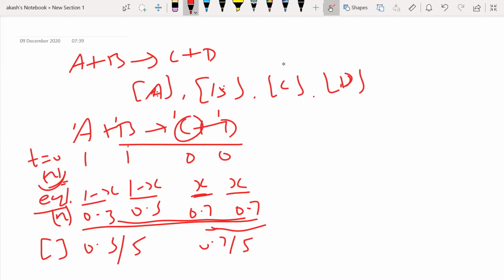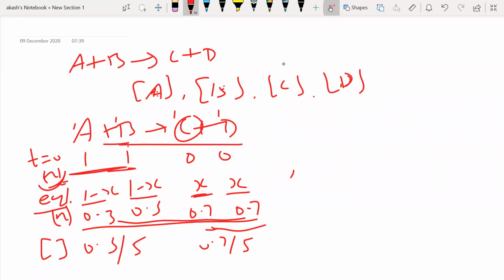Sorry, but could you just repeat how we got the denominator? Sure, I'll tell you everything. So this is the equation, right? The equation is given to you. Initially, they're telling you that 1 mole each of A and B are taken, and it's a 5-liter container. So we're talking about the number of moles now because that data is what is given to us.